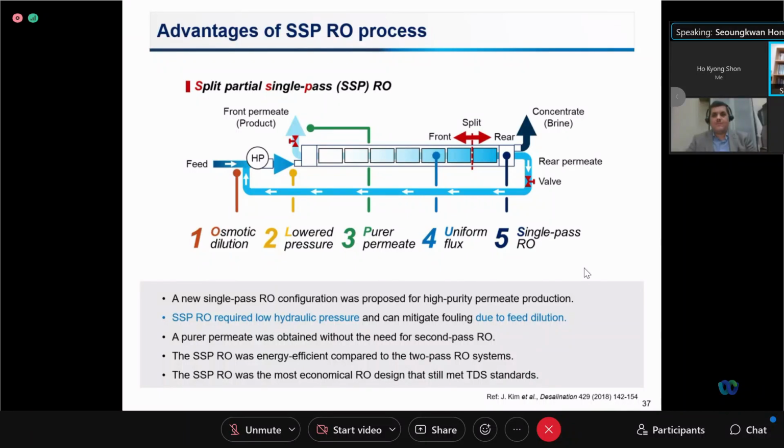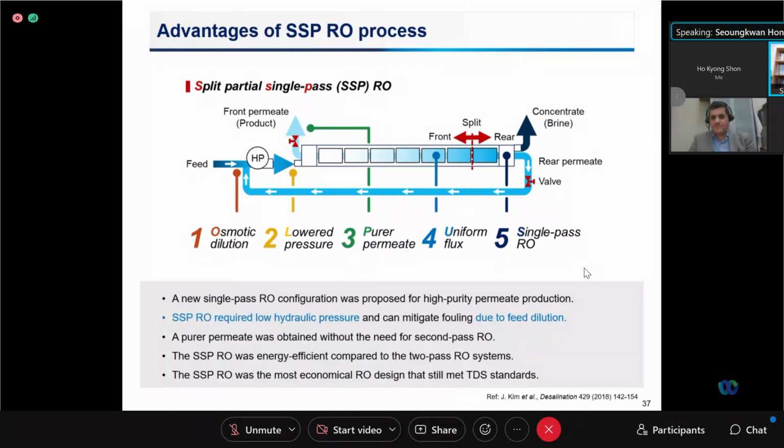Thus, purer permeate is obtained without using second pass RO. It is noticeable that SSP consumes less energy than a two-pass RO configuration because there is no second pass to operate. In SSP, energy and expense can be saved.